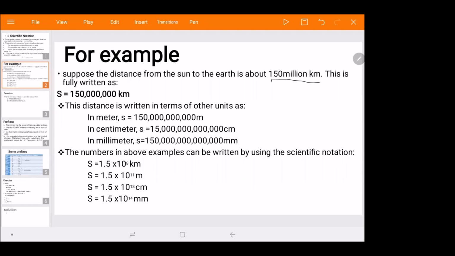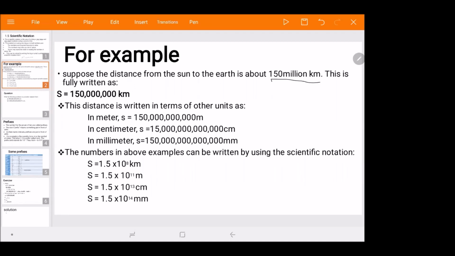And the distance can be written in terms of other units like meter, centimeter, and millimeter. Also, you can write this distance in decimeters. When you write this, it takes all these spaces, and to read this one, you may make a mistake.